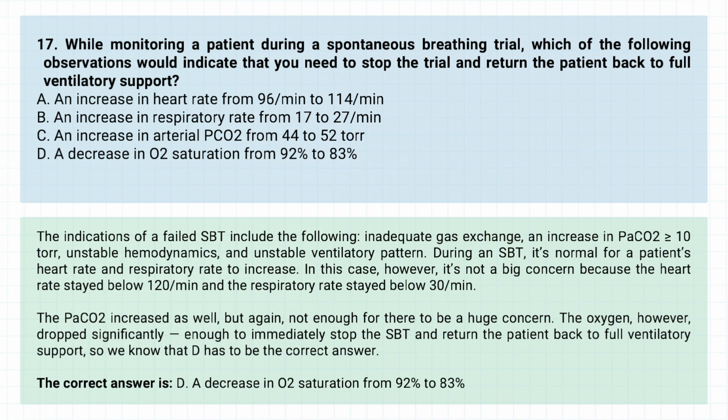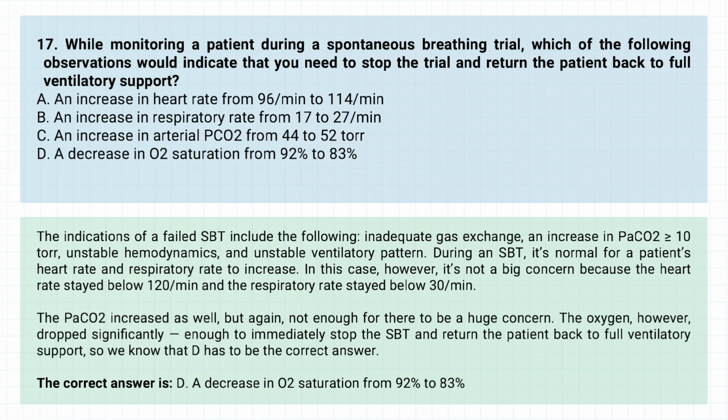During a spontaneous breathing trial, it's normal for a patient's heart rate and respiratory rate to increase. In this case, however, it's not a big concern because the heart rate stayed below 120 beats per minute and the respiratory rate stayed below 30 breaths per minute. The PaCO2 increased as well, but again, not enough for there to be a huge concern.